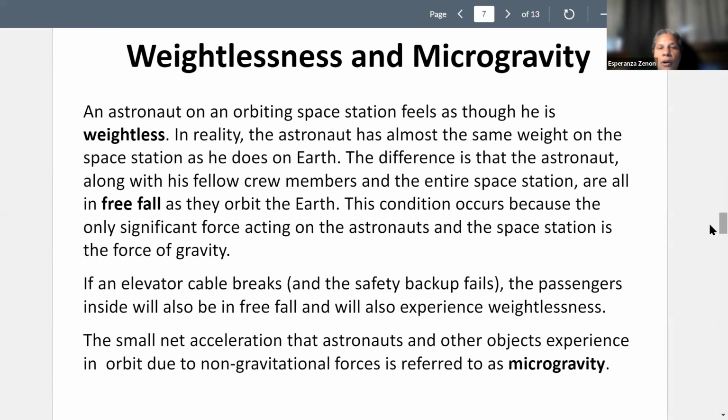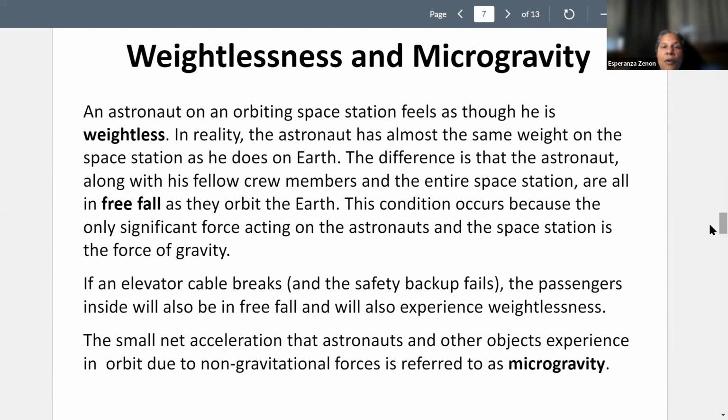The objects involved aren't actually weightless, but it happens because if an astronaut, for example, is in a spacecraft that's free falling around the Earth, and the astronaut is inside the spacecraft, so they are also free falling around the Earth. So the craft that they're in is free falling as it orbits around the Earth, and they are free falling because they're inside that spacecraft.